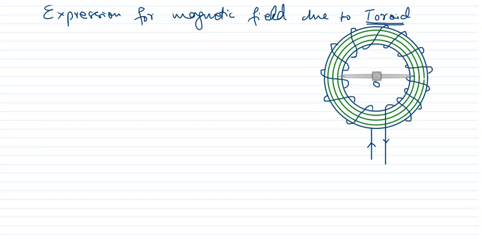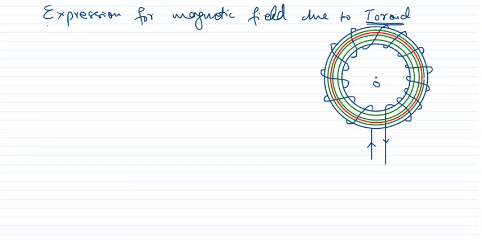For the magnetic field due to a toroid, again we have to consider an imaginary loop inside the toroid to apply Ampere's law. This red path, which I have drawn here, is a loop considered by us to apply Ampere's law.